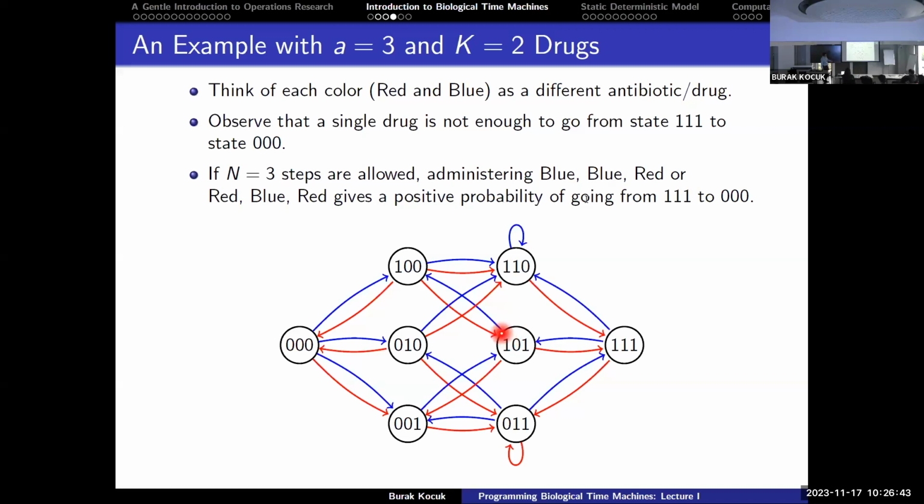If you apply blue again, with some probability you will go to 0, 0. And finally, if you apply red, you will go to 0, 0, 0. Maybe not with probability 1, but with something. The antibiotic combination problem asks you to find the best sequence of applications without observing what's happening.